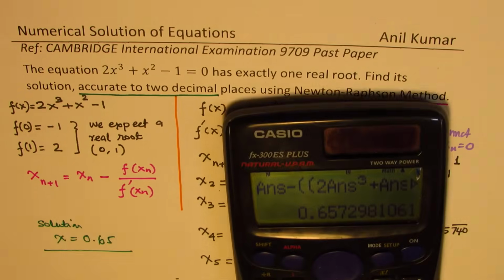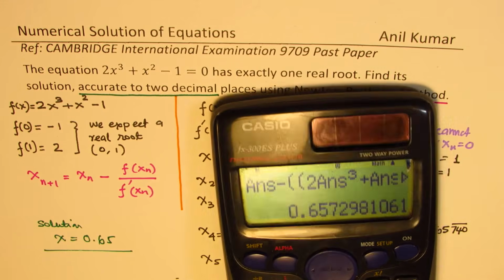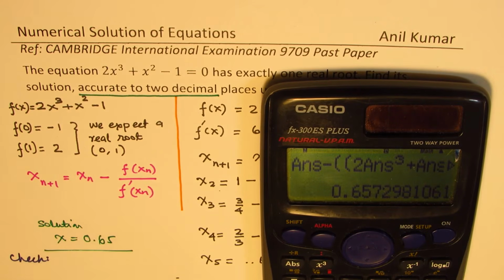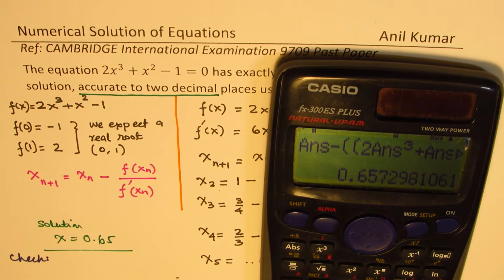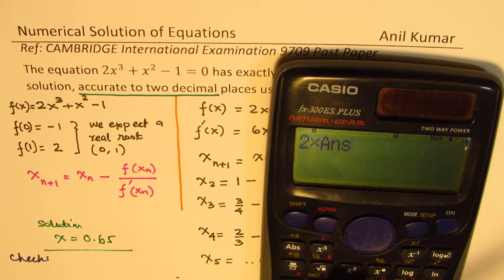You can also check your answer. So let us check. We have our answer here, so we'll put this answer in the equation to check. So let's perform a check. What I'm doing is 2 times answer cube. I'm just substituting the answer here to see how accurate we are, plus the answer square minus 1 is equal to what?